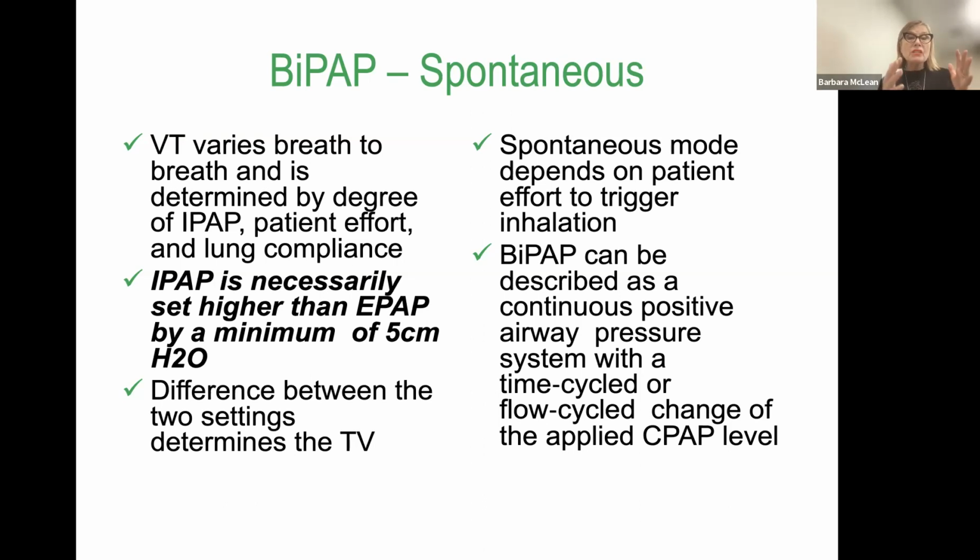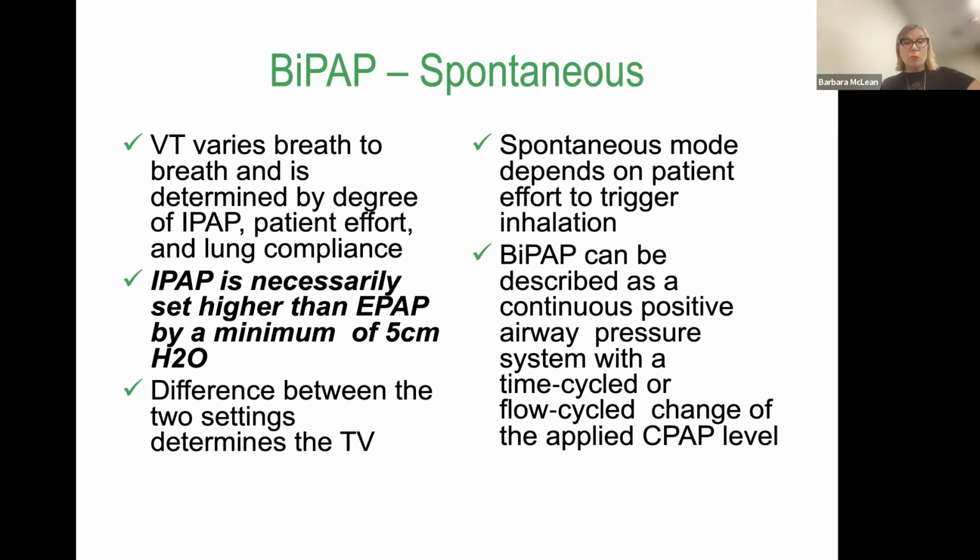We should always consider and discuss whether or not a patient is a candidate for BiPAP if they are CO2 retaining, and or if they are CO2 retaining and hypoxic. If they're hypoxic only, I do not put them on BiPAP. BiPAP is designed to help remove CO2 by supporting a tidal volume.